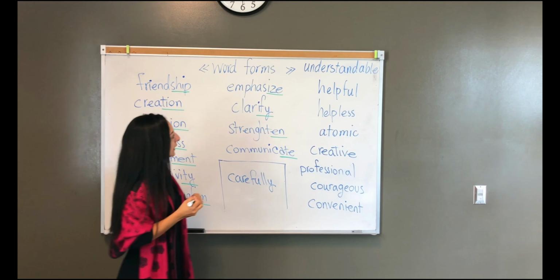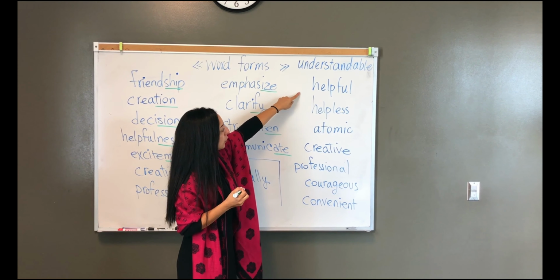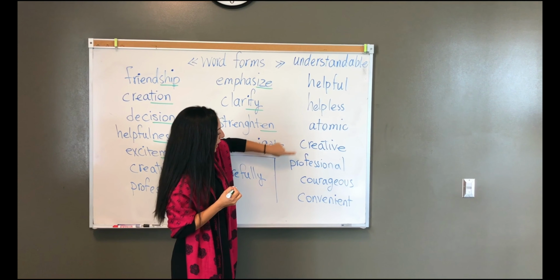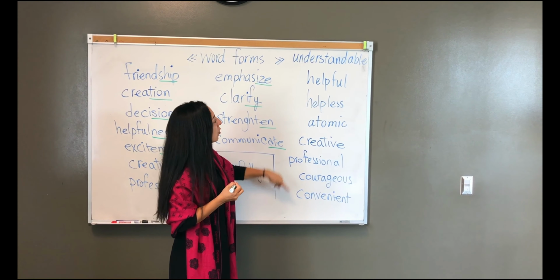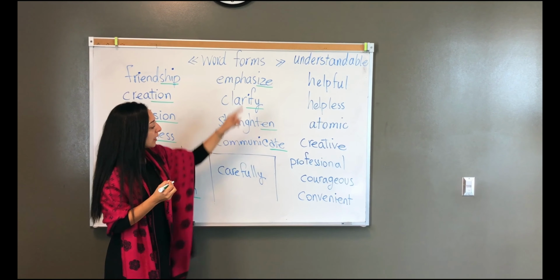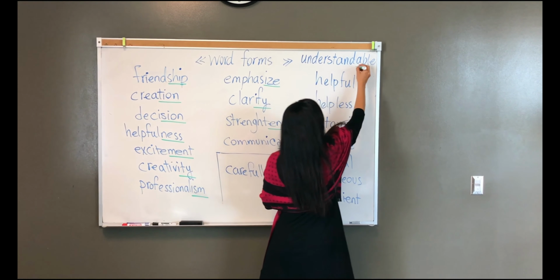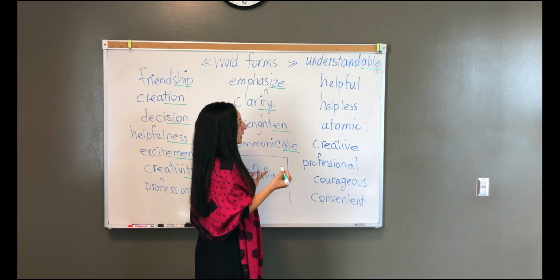And the last column, starting with that word: understandable, helpful, helpless, atomic, creative, professional, courageous, inconvenient. So let's again underline the suffixes that we have. The last column that we have are adjectives. So I have able, understand plus able, understandable, that's an adjective.